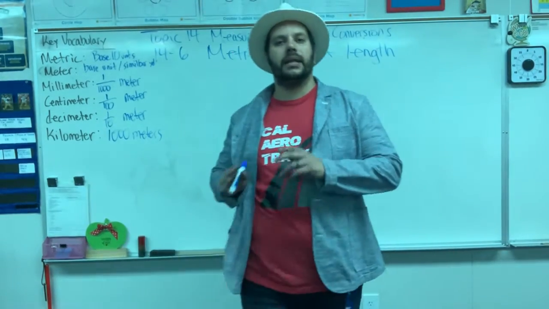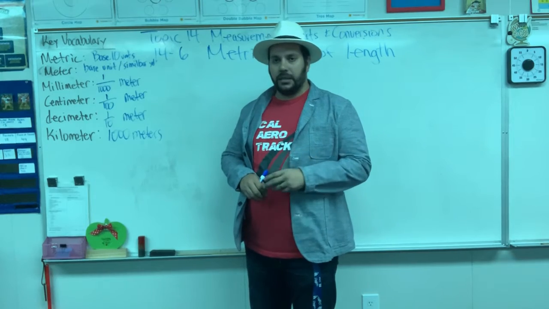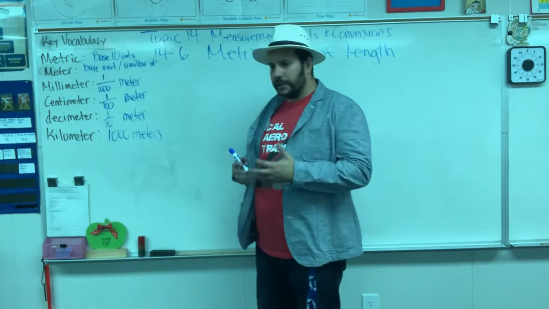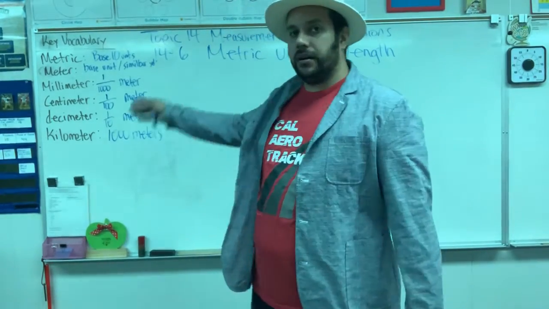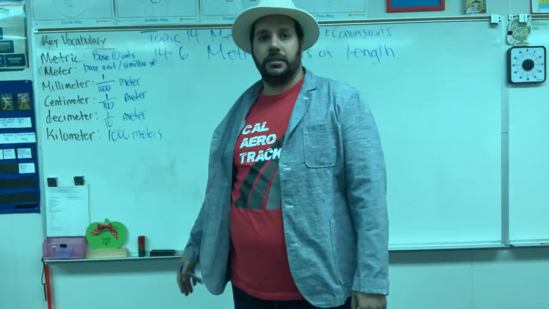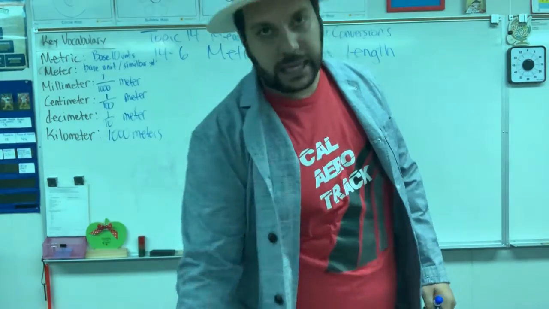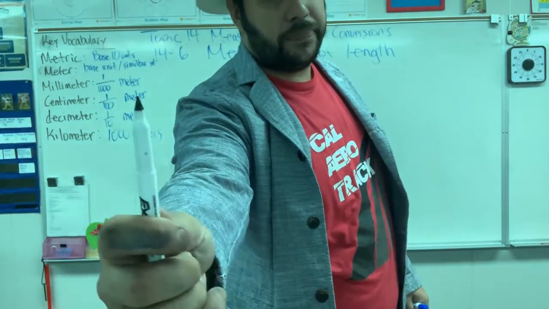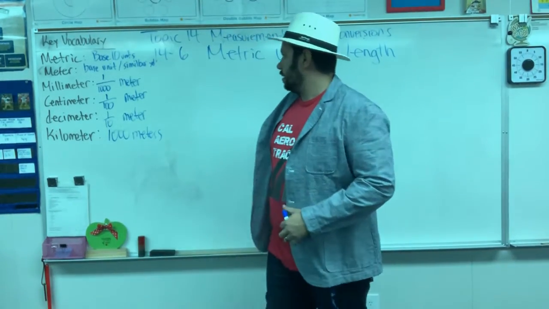So what I would like you to do is pause the video and look around wherever you're at and see if you can find things that are approximately these measurements right near you. Okay, if you are writing with a pencil, maybe the tip is your millimeter, approximately, a couple millimeters.